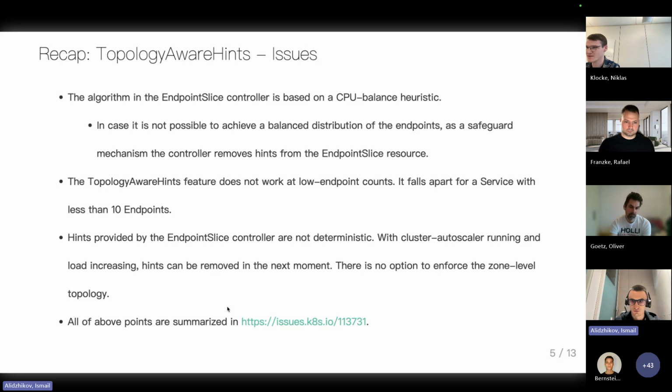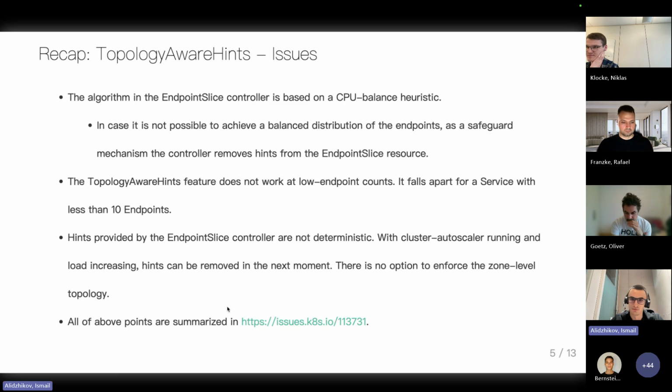As you can think, this does not work well in our use case, where the clients and the servers are well known, and the load to our backends does not depend on the available CPU within a zone. I think that's the main drawback with the feature. It's not deterministic because of this heuristic, which is also a safeguard mechanism according to the Kubernetes folks.